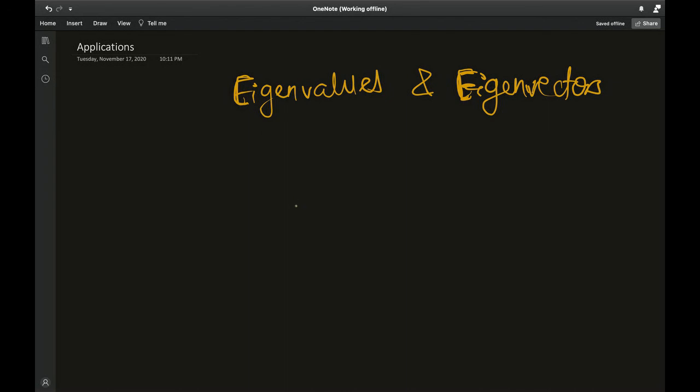Now that's a complicated discussion, but eigenvalues and eigenvectors are the process of basically writing any matrix in terms of a matrix P, a diagonal matrix, and the inverse of the first matrix.